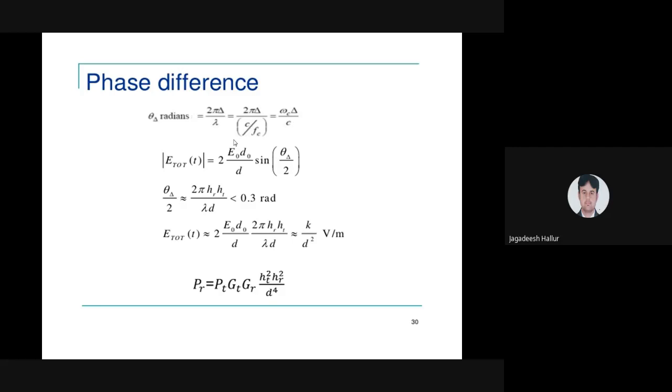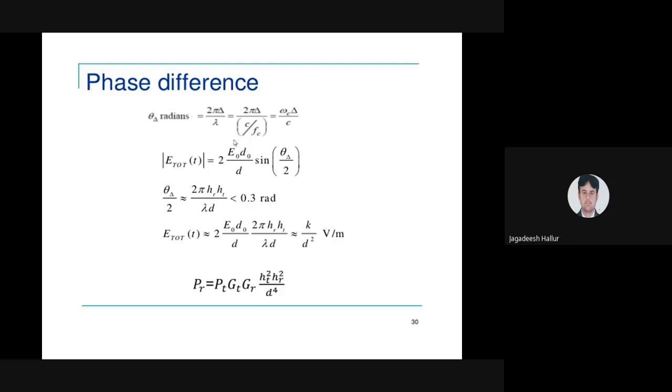So the total received power with respect to the two waves, one is the direct line of sight wave and the second is the ground reflected wave. The formula for the total received power Pr is equal to what?